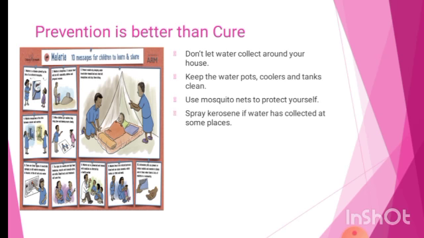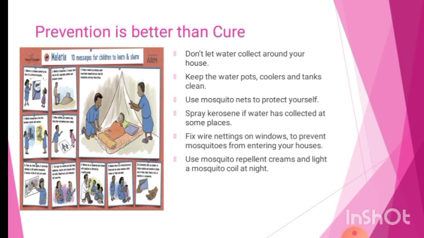Spray kerosene oil if water has collected at some places, because kerosene oil forms a thin layer over the water, and because of that mosquitoes could not lay eggs on it. Fix wire nettings on windows to prevent mosquitoes from entering your house.